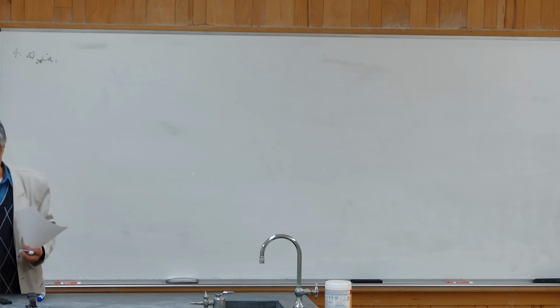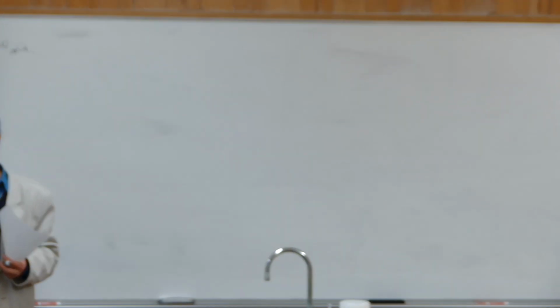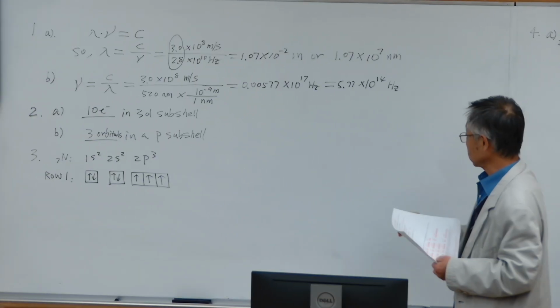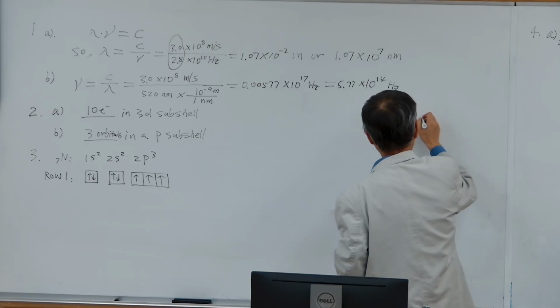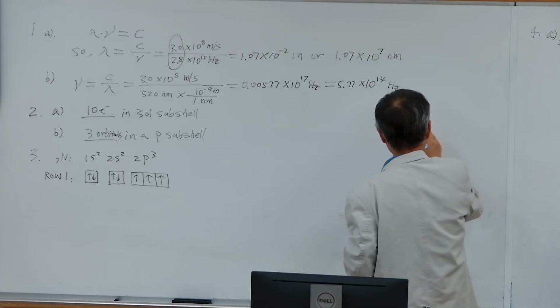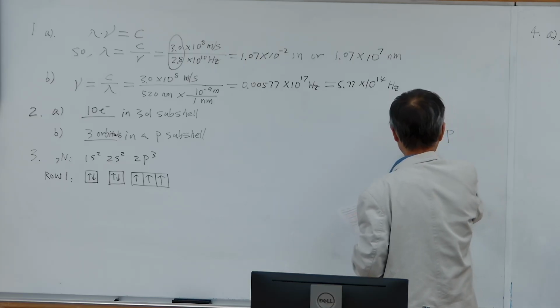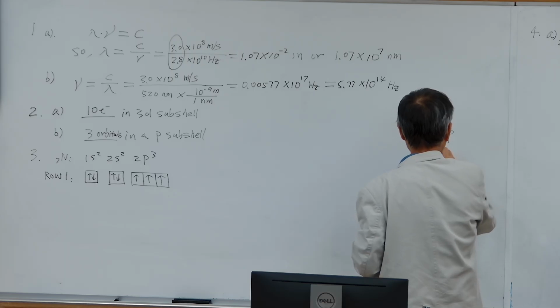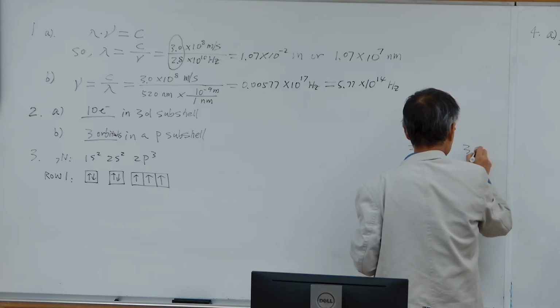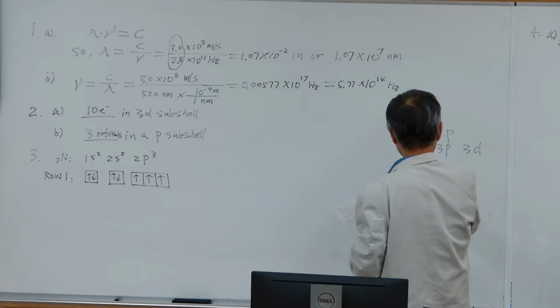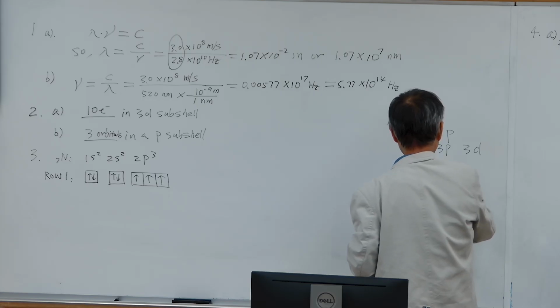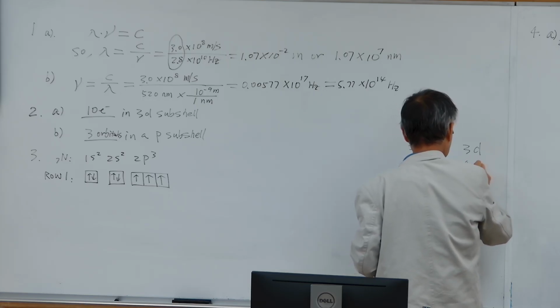we need a chart show how to fill in electron in the orbital. So the chart is 1s, 2s, 2p, 3s, 3p, 3d. The 4s, 4p, 4d.